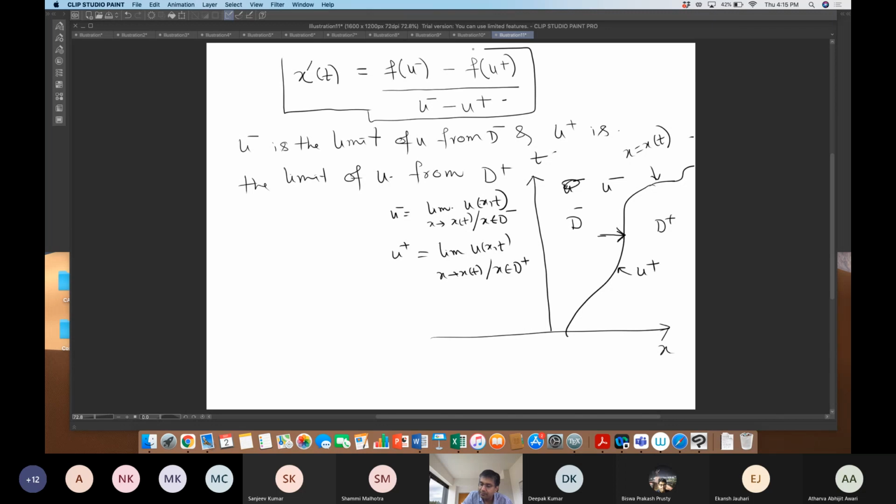This is a necessary condition. If u is a weak solution to the PDE in this domain, and u has a discontinuity along this curve, meaning u minus and u plus are not equal, then not any curve will work. Only a curve for which x prime of t satisfies this will work. This is a necessary condition.